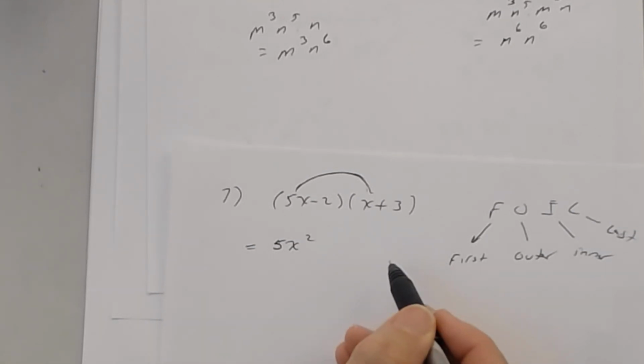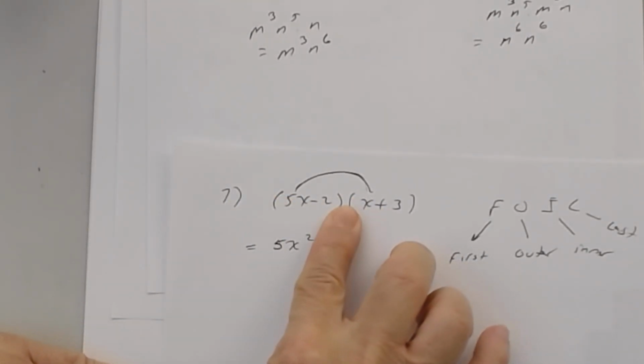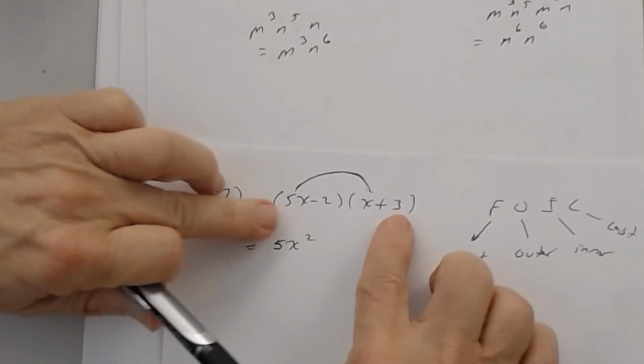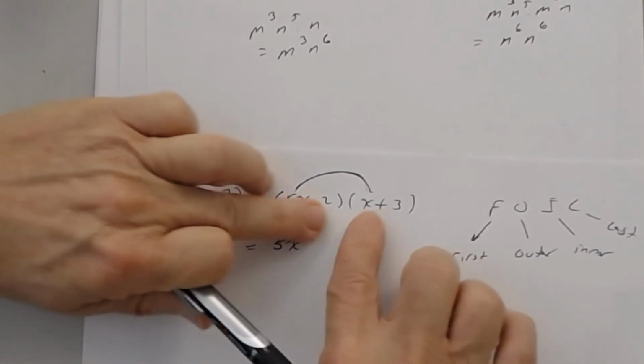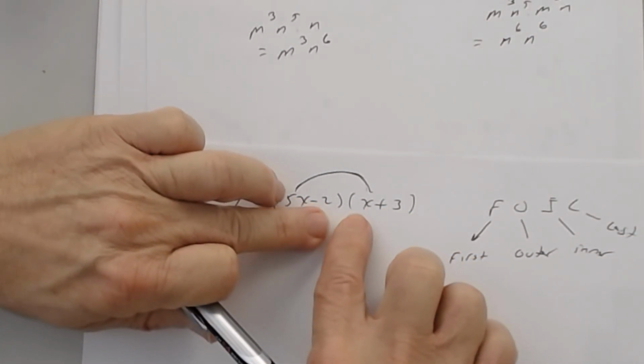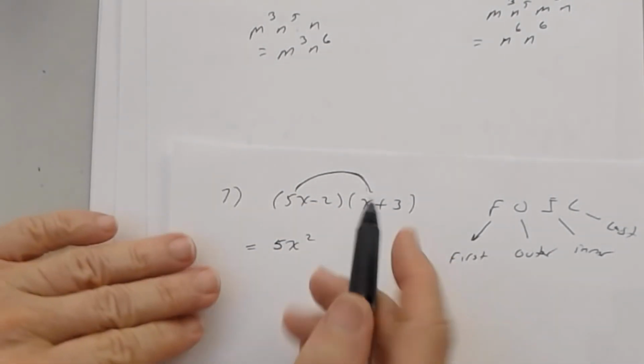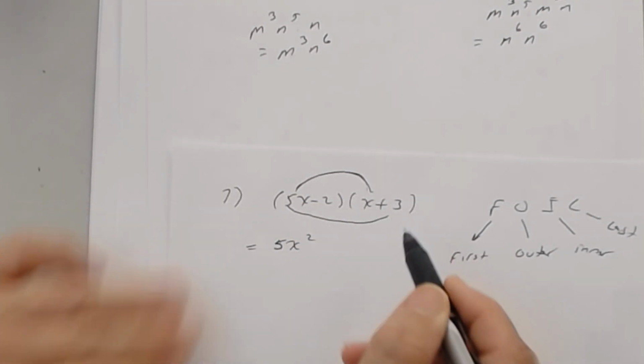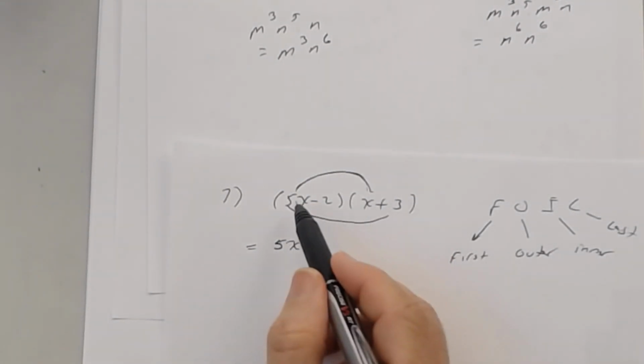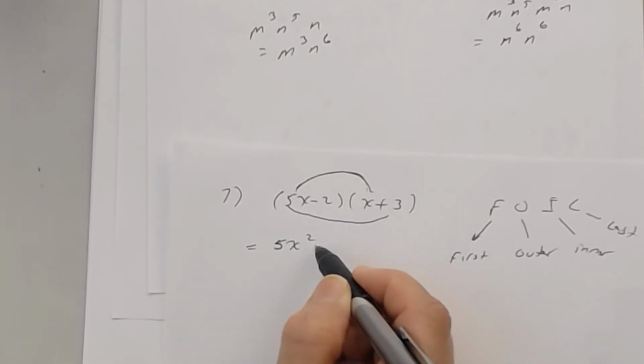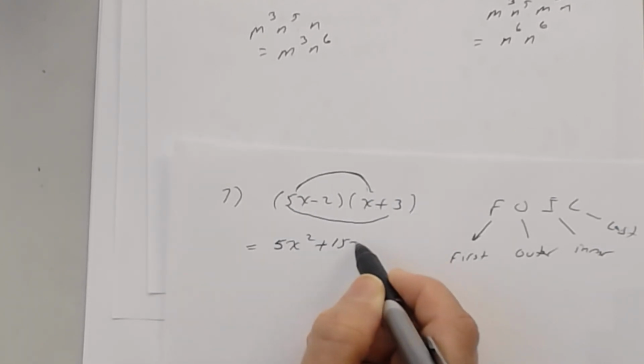5x squared. The outer says that if you look at those 4 terms in that order right here, the terms on the outside are these. These are the terms that are on the what? Inside. Okay. So these are your outside terms. So outer, outside terms. So what's 5x times 3? 15x, right?